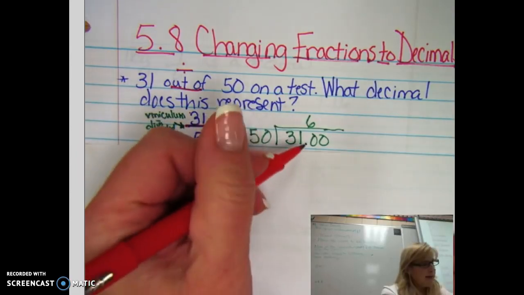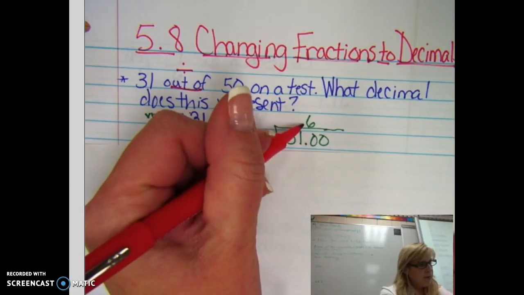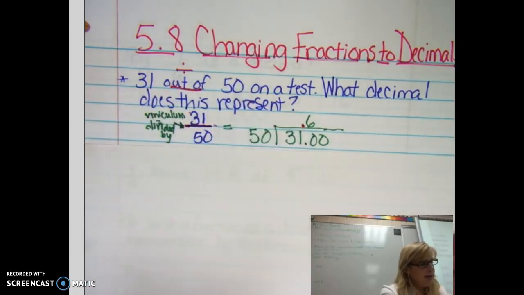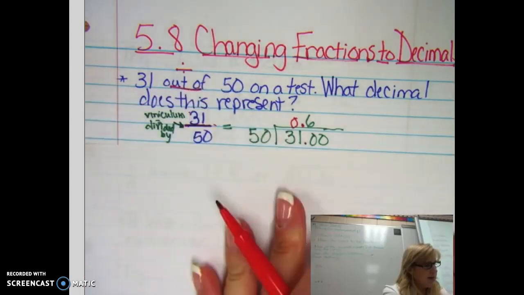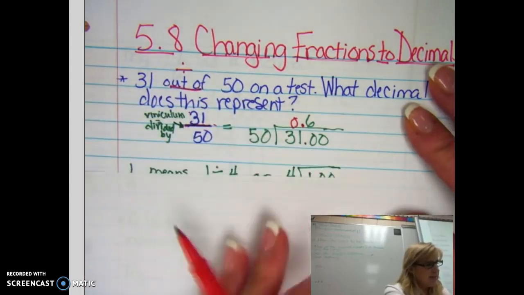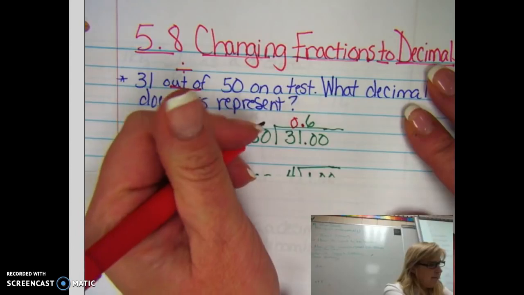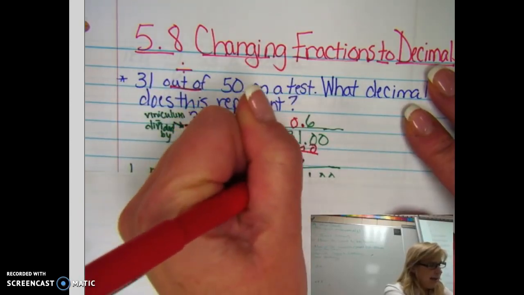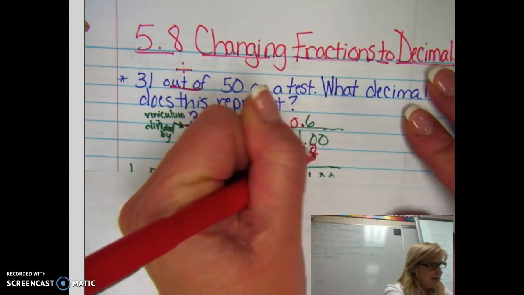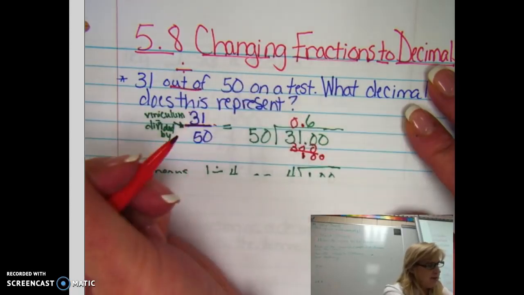And we are going to have a fraction part. So what I'm going to do here is, 50 does not go into 31, but it does go into 310 6 times. So that's 300. And then I have 10 left over.